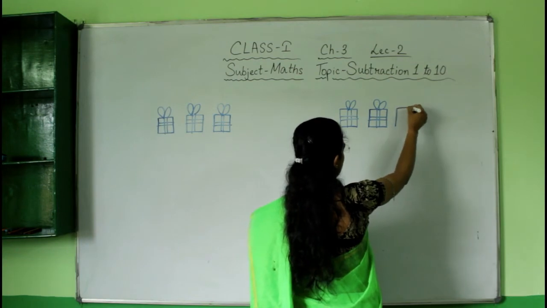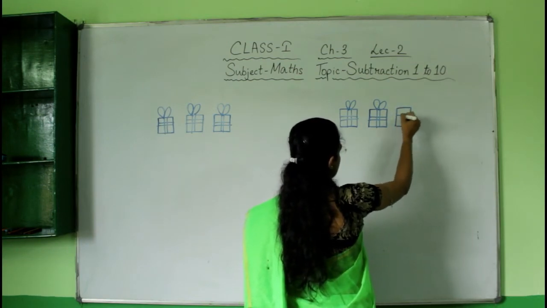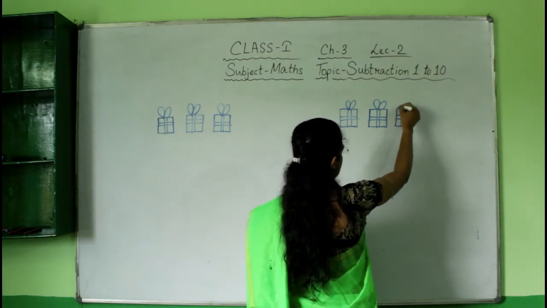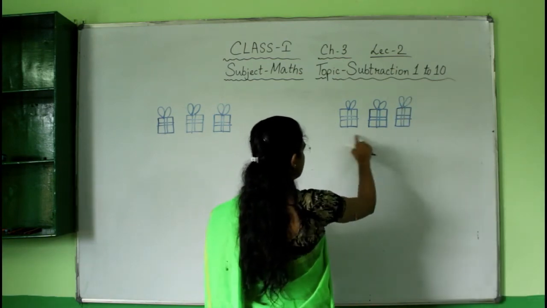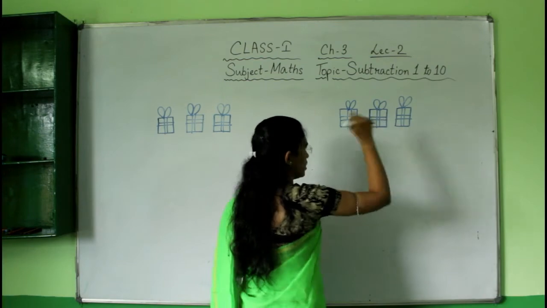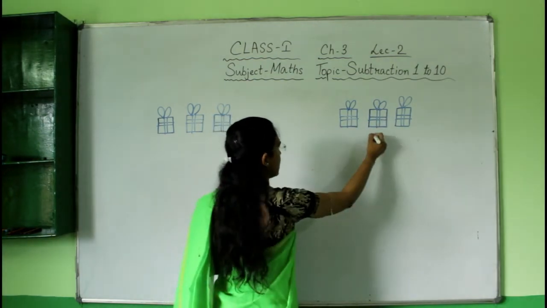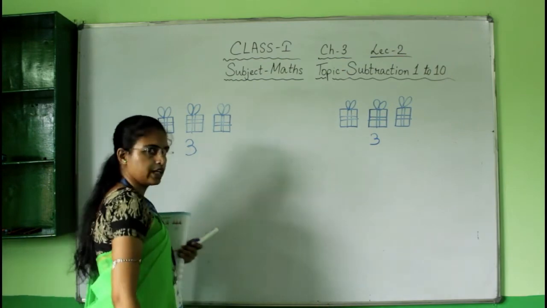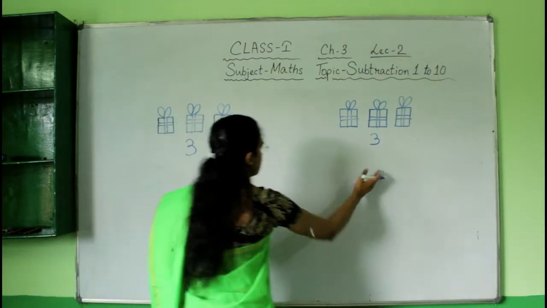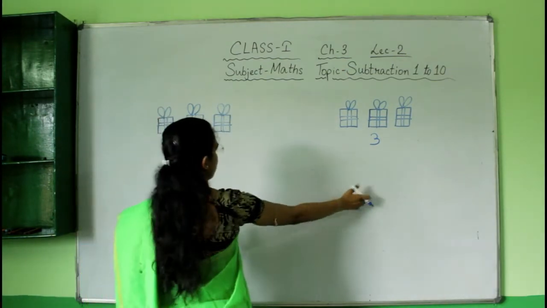Let's add one more gift. How many gifts now I have in this side? 1, 2, 3. So in this side I have 3 gifts, and in this side also I have 3 gifts. So both the sides I have same number of gifts.